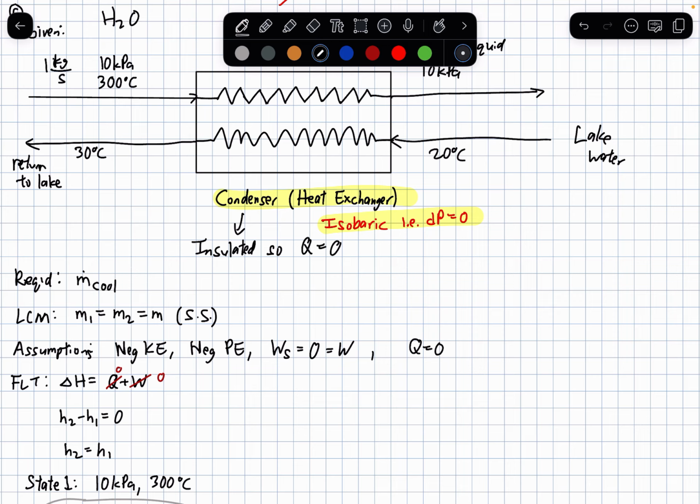Otherwise, you could be stuck, just like what's happening right now with me. Evidently, because the pressure was the same.